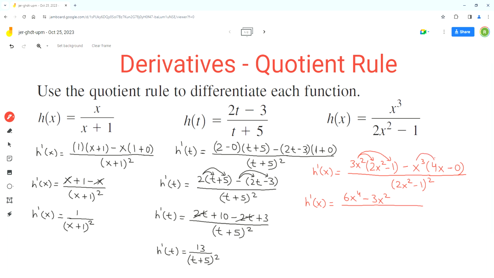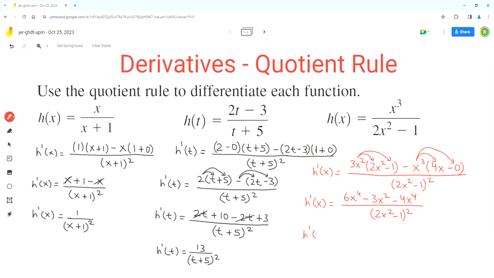So we'll multiply 4x by x cubed and then 0 by x cubed, but that won't change anything. So it's negative x cubed times 4x, which will be negative 4x to the 4. And the next term will be 0, so we can ignore it. And the denominator will stay the same.